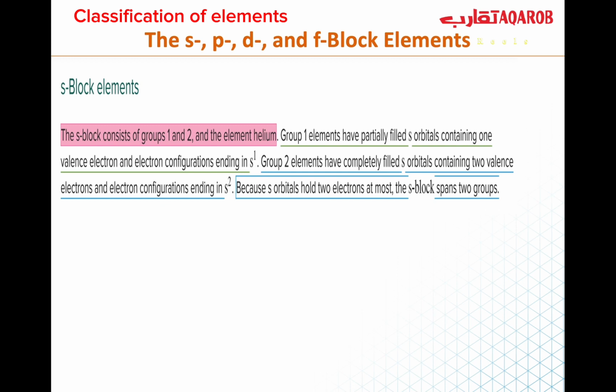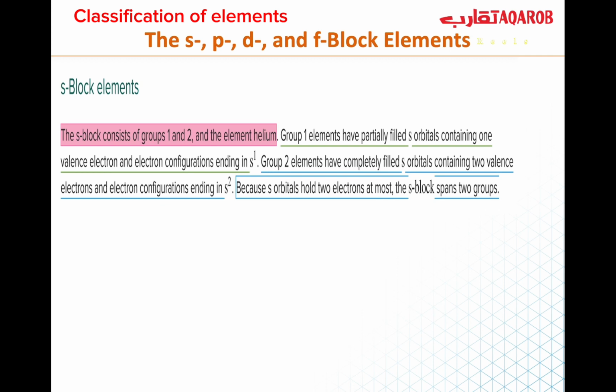As we said before, group 1 elements are partially filled S. What do you mean by partially filled S? As we know, S can be filled by 2 electrons.